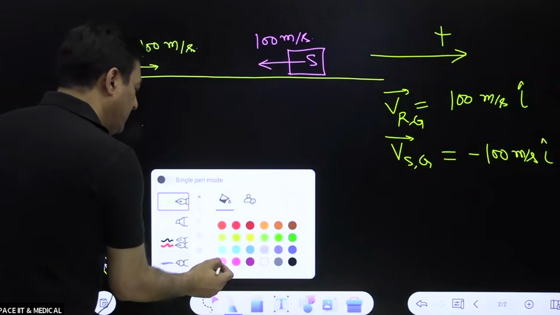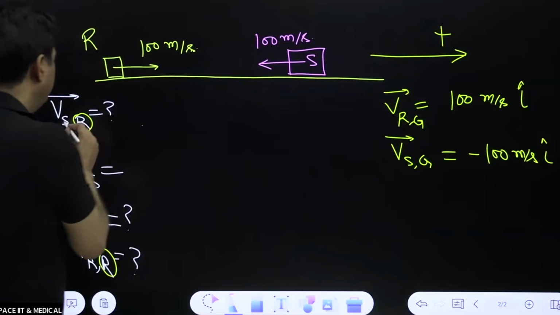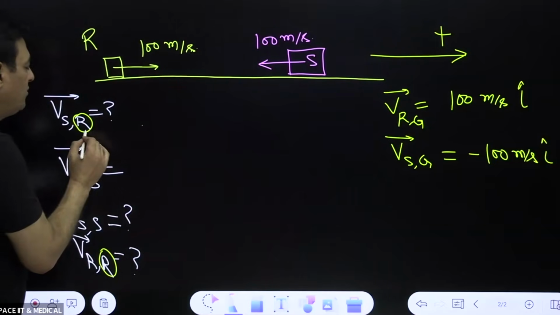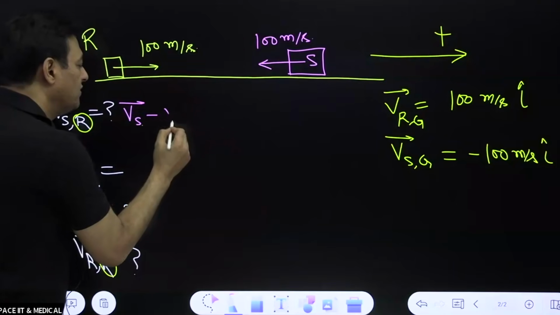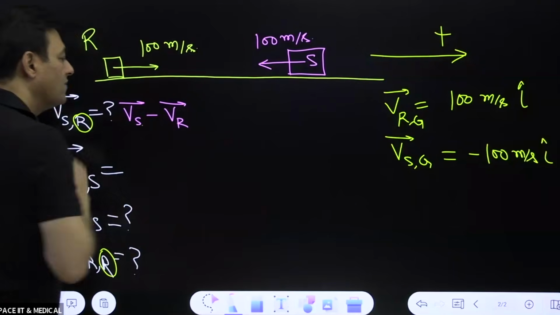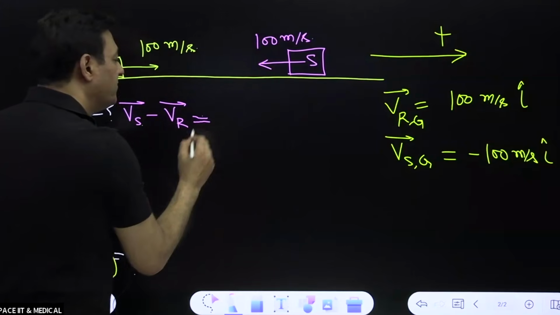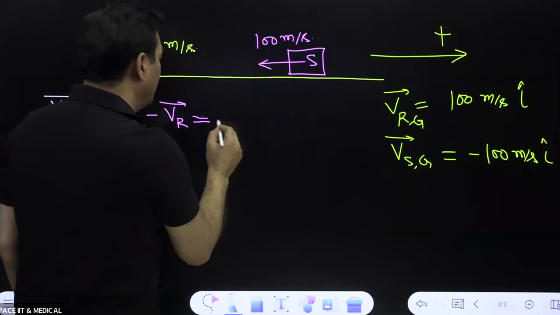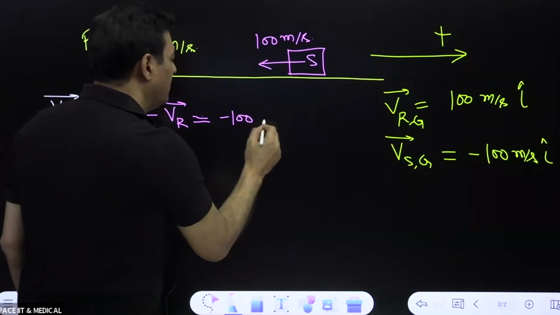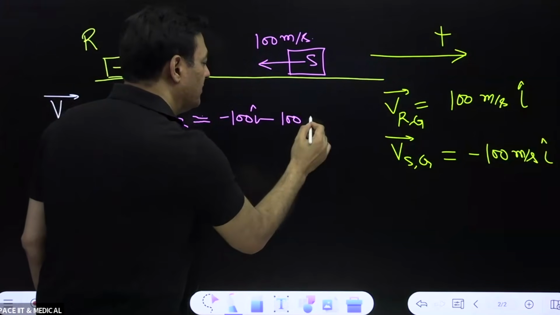So from here, we get velocity of Sham as observed by Ram will be velocity of Sham minus velocity of Ram. Let me put the values. This will be velocity of Sham, minus 100 I cap, minus 100 I cap.